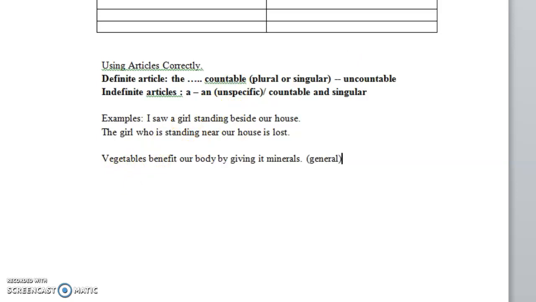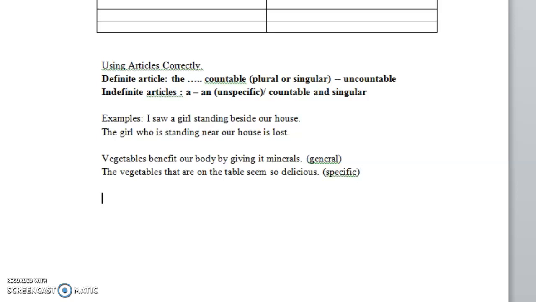Vegetables in general benefit our body. So when we are talking in general, we do not use anything. But the vegetables that are on the table seem so delicious. So here it's specific. We specified which vegetables, the vegetables that are on the table. So they are specific, we can use the.